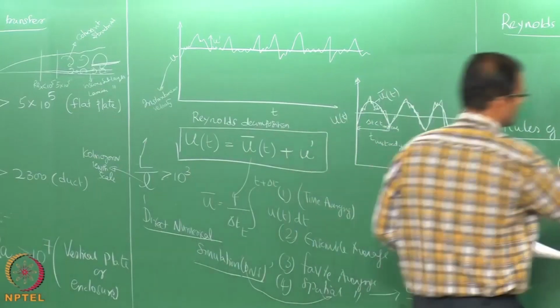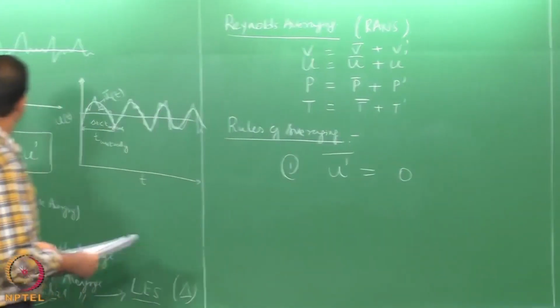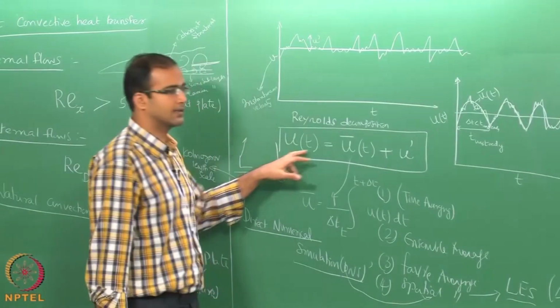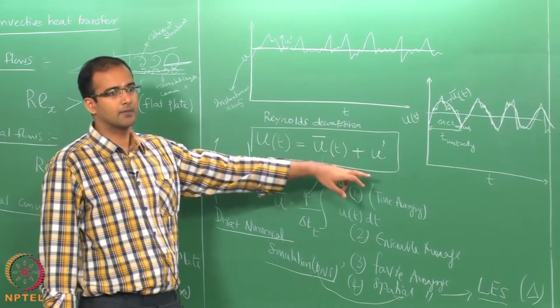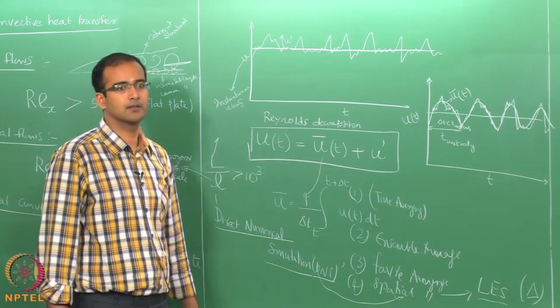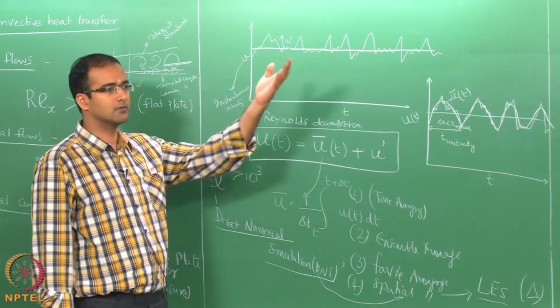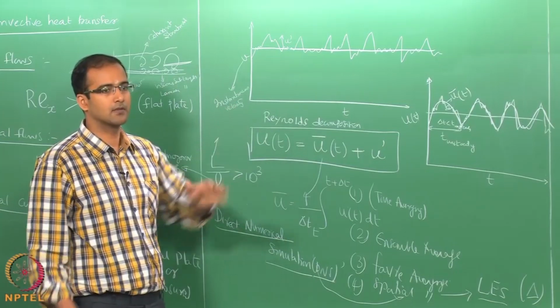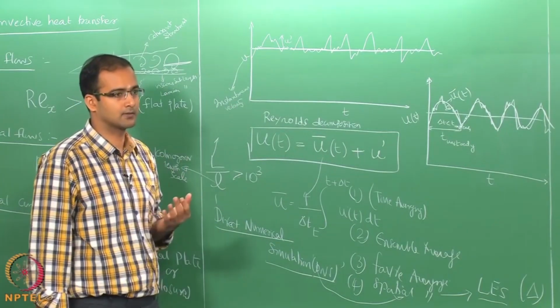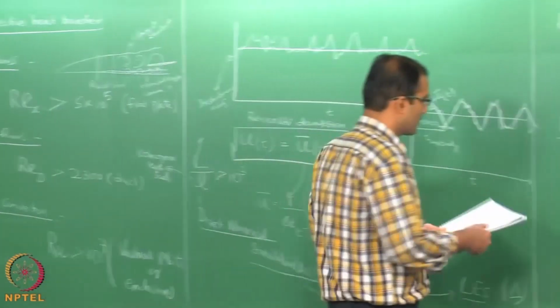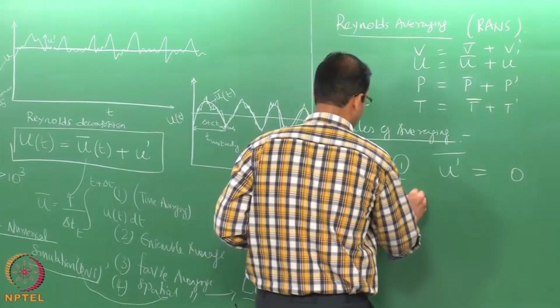That is because the mean of the instantaneous should be the same as the mean velocity itself. So, the mean of the fluctuating component should be 0. You have a positive fluctuation, a negative fluctuation, so when you average it over the delta t, it should cancel out. So, that is the first rule.